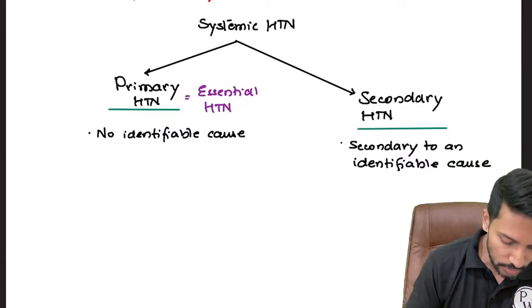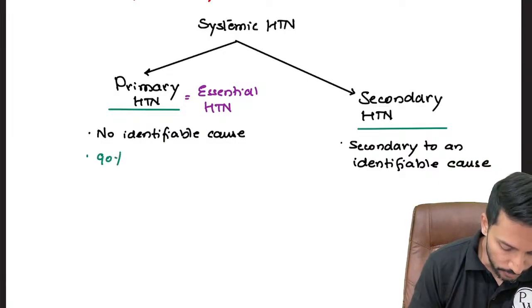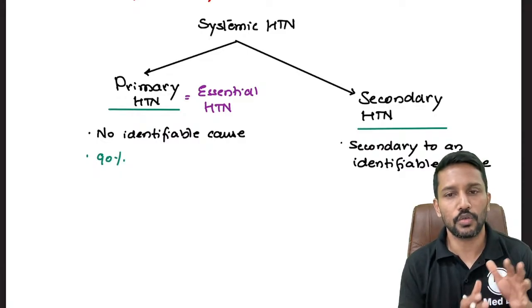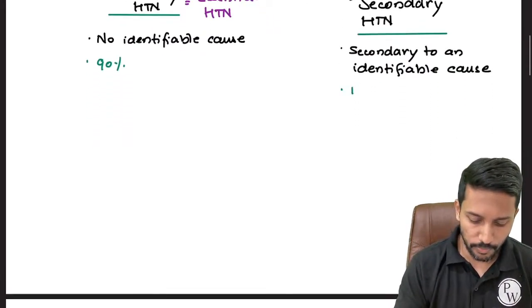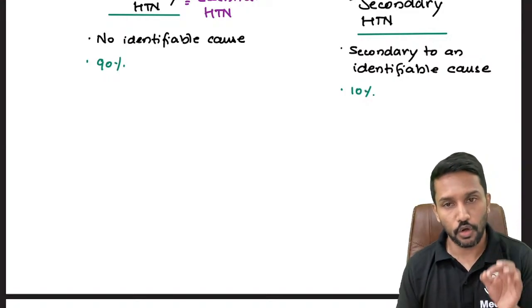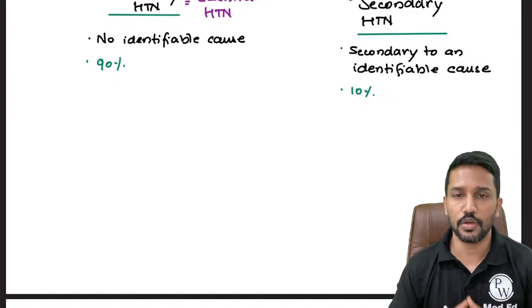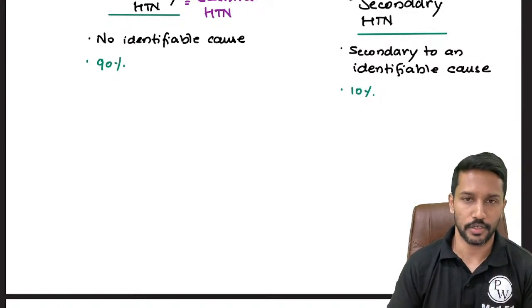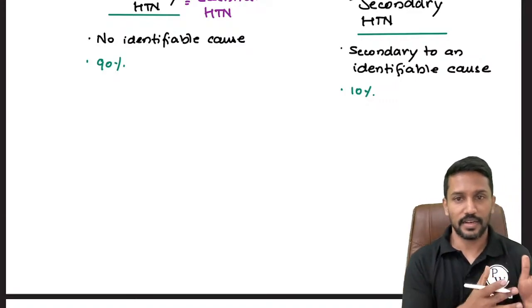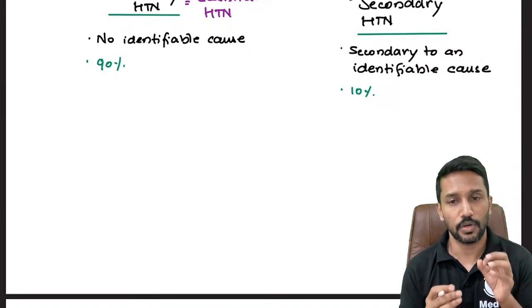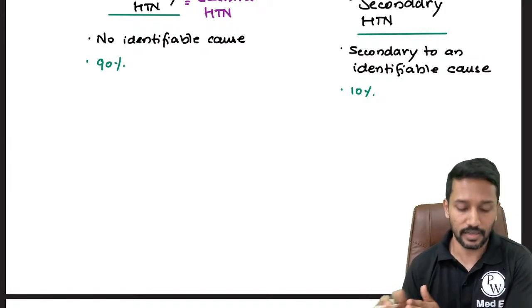Now 90% of the patients we see today as having hypertension belong to this essential or primary category, but in around 10% of the patients we may have an identifiable cause. Whenever we have an identifiable cause, we call it secondary hypertension. Obviously when I say secondary, there is an identifiable cause, and there comes the question: what are the common causes for secondary hypertension?